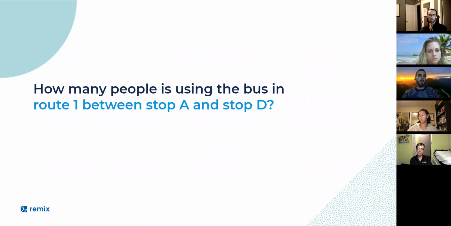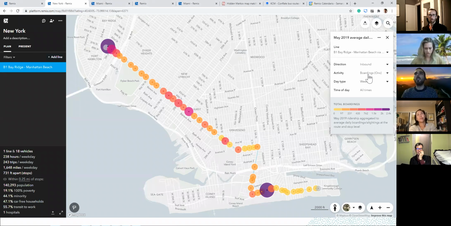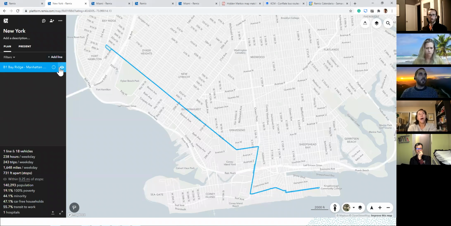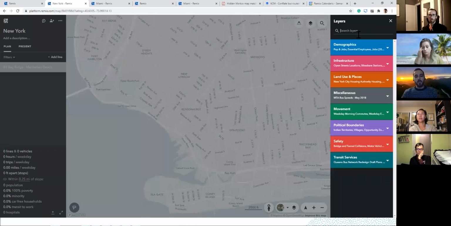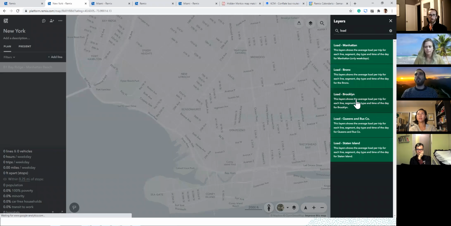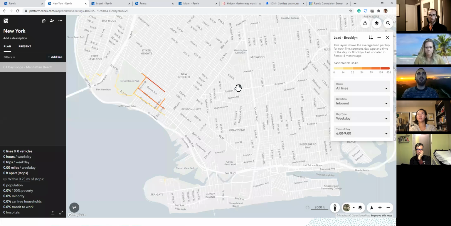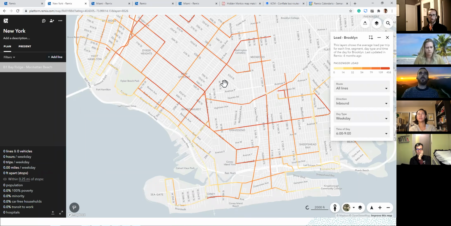So let me show you how that ended up going in Remix. If you want to know how many people are actually on the bus on a given route between two given stops. After doing all the GTFS process matching that I showed you, you could get here in New York something like this.